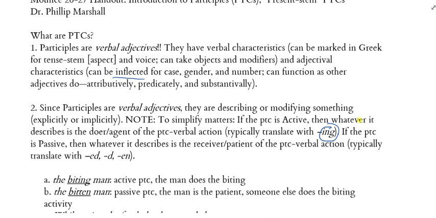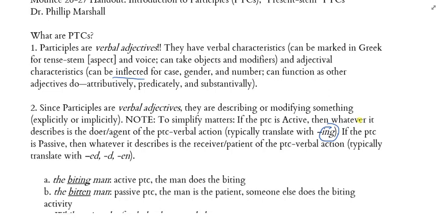If the participle is passive, then whatever it describes is the receiver or the patient of the participle's verbal action. Typically, we'll translate those not with ing, but with ed, d, or en forms of the verb. What we have learned is the past participle principal part.